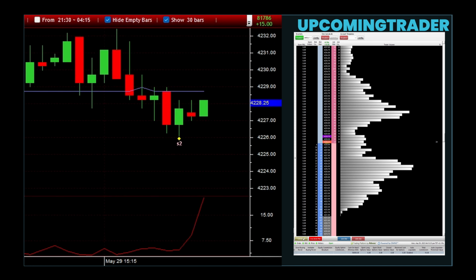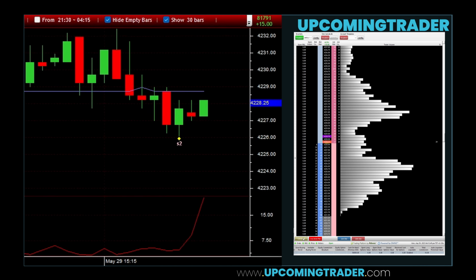Recognizing these patterns provides traders with powerful clues about whether the market is likely to continue in the same direction or potentially reverse. There are some key features on a TPO chart that you need to know to understand them fully.